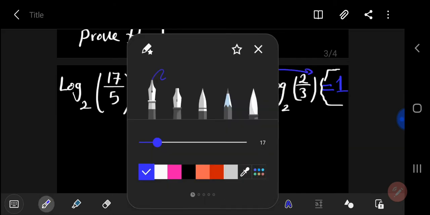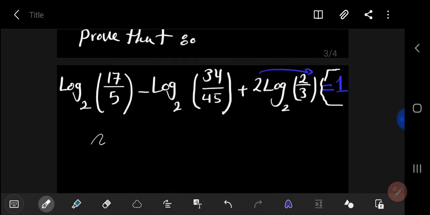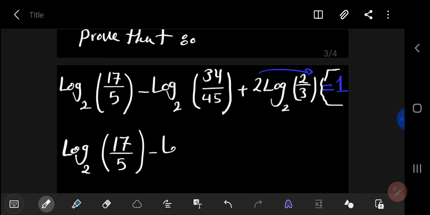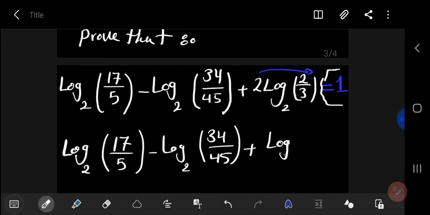So it will be log base 2 of 17 over 5 minus log base 2 of 34 over 45 plus log base 2 of 2 over 3, to the power 2.